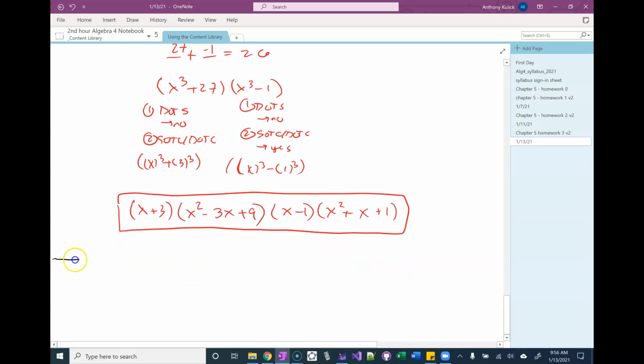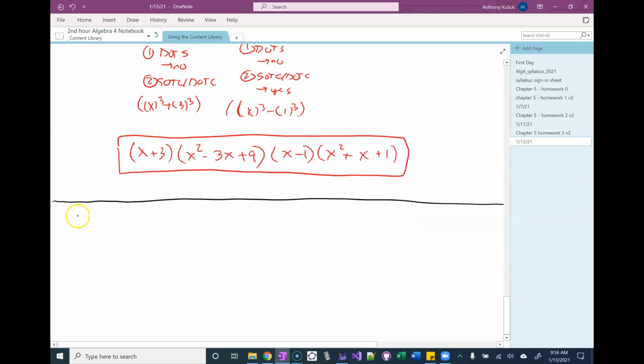Okay. So I want to talk a little bit today. We'll take one little baby step forward and talk about solving polynomials by factoring.